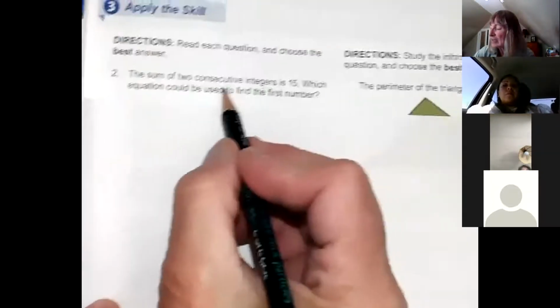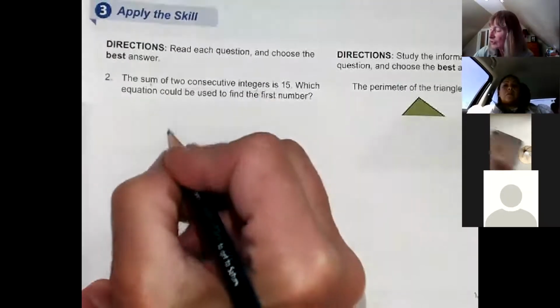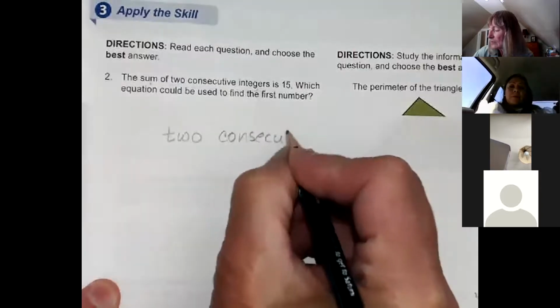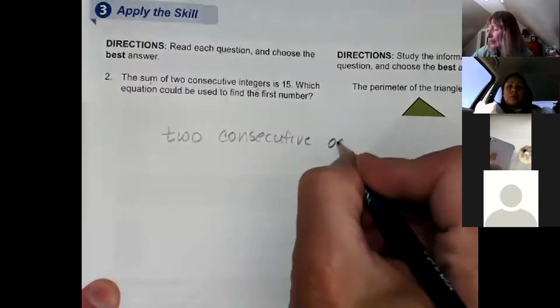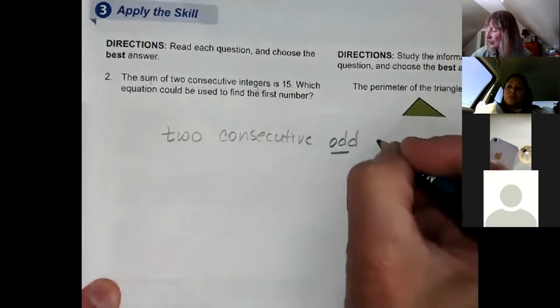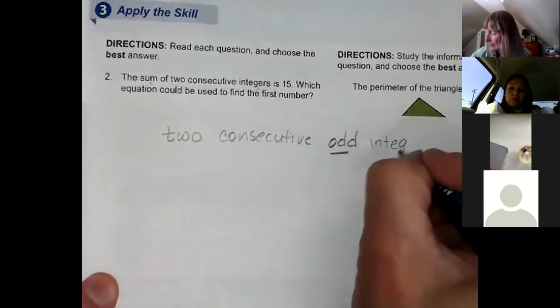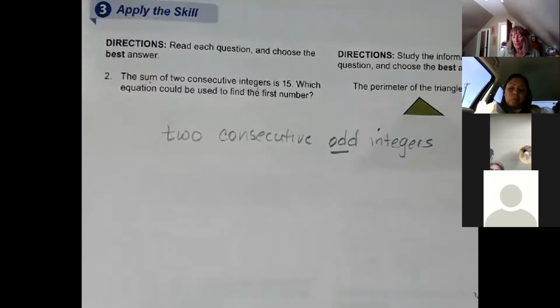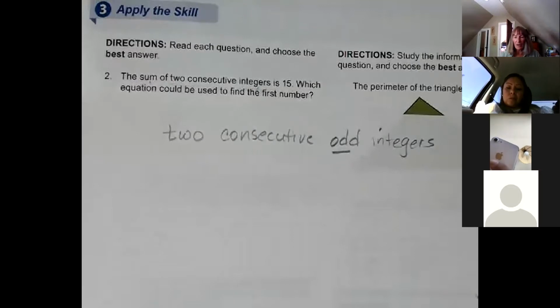Instead of 2 consecutive integers, it might say 2 consecutive odd integers. So odd numbers are numbers that you take and divide by 2, and it doesn't divide evenly.